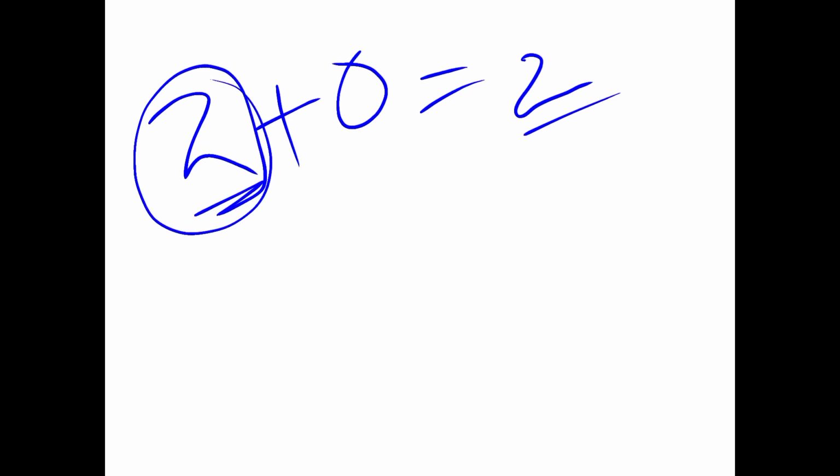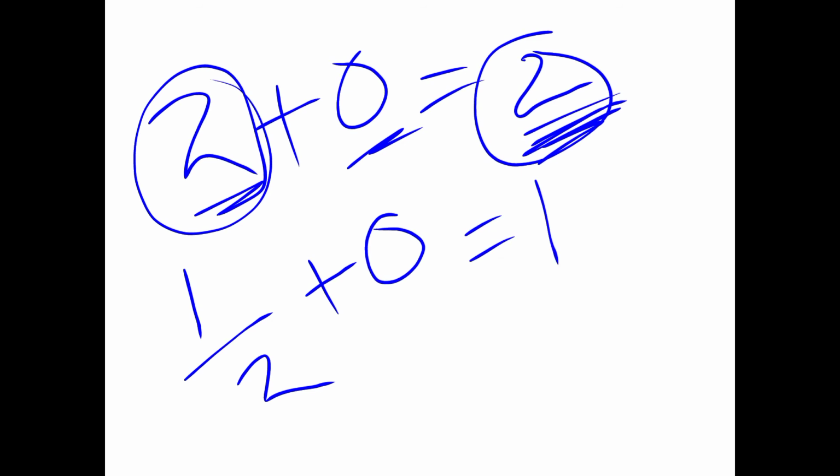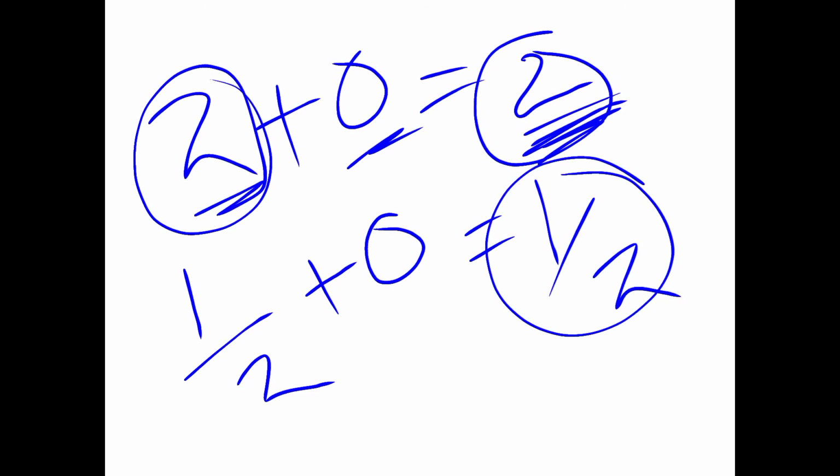So there is no change in the rational number by adding 0. Any rational number, for example 1 by 2, added with 0, gives 1 by 2 as such. So 0 is the additive identity of any rational number.